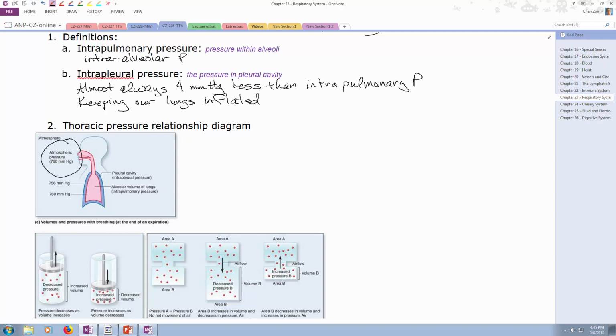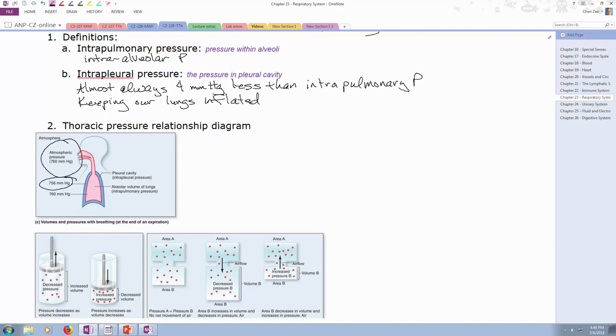Now, inside the cavity where the lungs are sitting, we have 756 millimeters of mercury. And it's important for you to realize the lungs are elastic tissue, so nice and stretchy for you. And we have more pressure inside our balloons than we have outside our balloons. So what do our balloons want to do? They want to expand to fit the cavity. Are you guys following me with this?